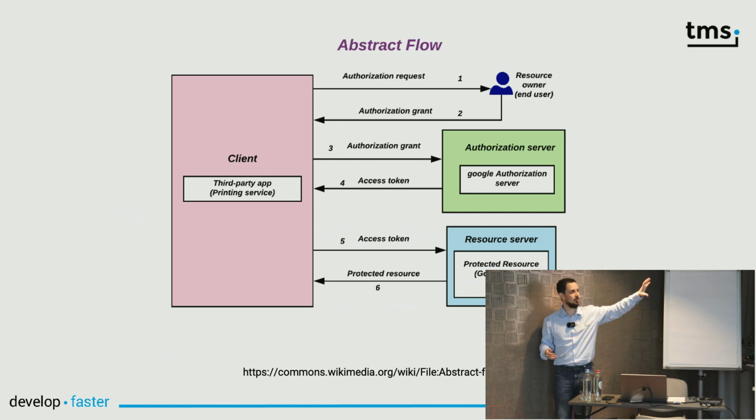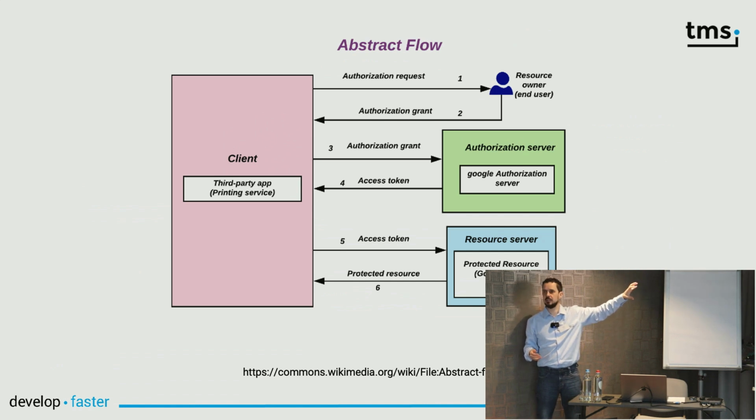As I said here, you have your client application, which is not you. You have three entities in this OAuth flow. You have you, the user, the person. You have what you call the resource server, which is the Dropbox, where I want to give access.